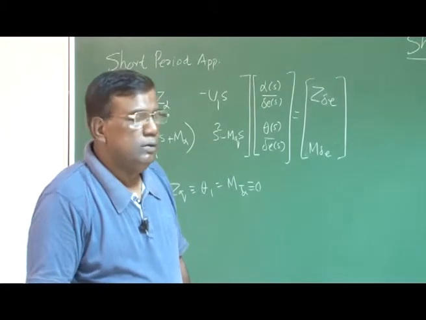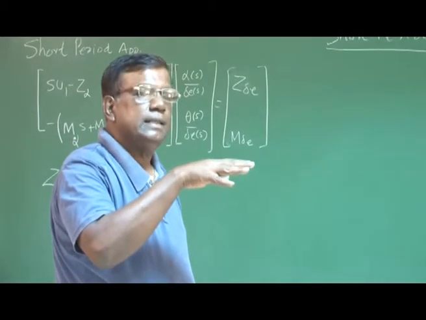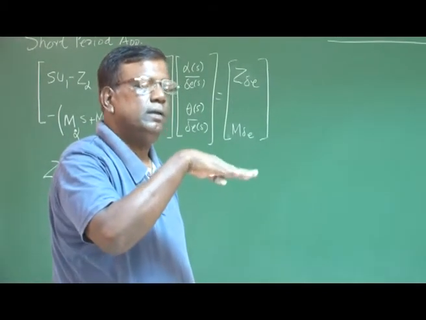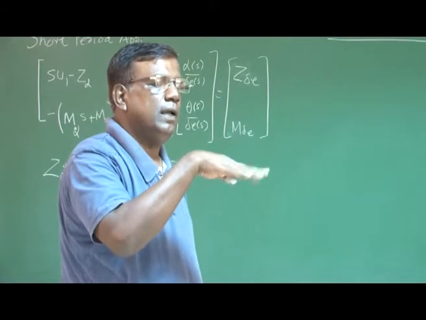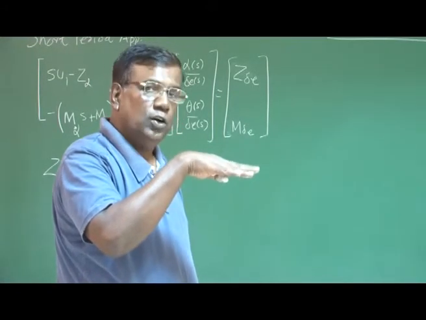We know now that the airplane in longitudinal mode can get excited primarily in short period, where it just oscillates like this and comes back to the equilibrium in a very short time.